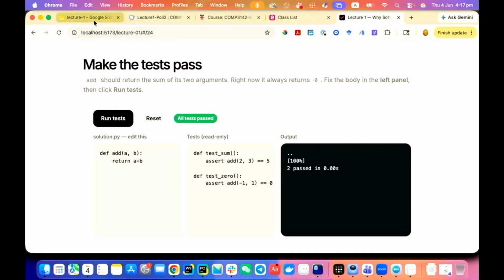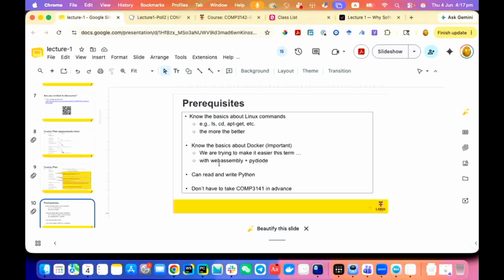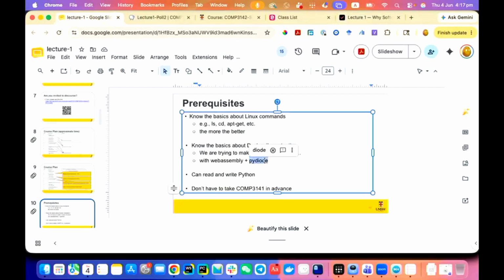If you wonder how this is done, it is made with WebAssembly and this project here, in which a group of people compiled the entire Python interpreter into WebAssembly so that it can run inside your browser, inside the JavaScript engine.